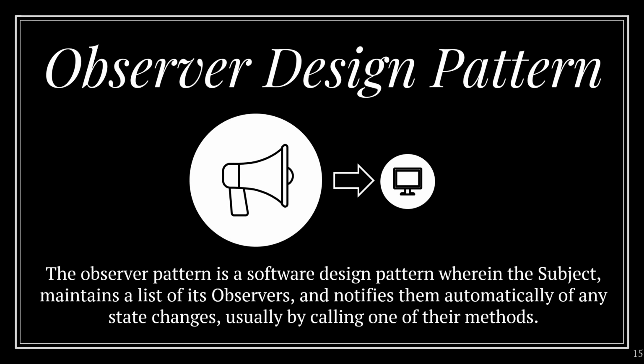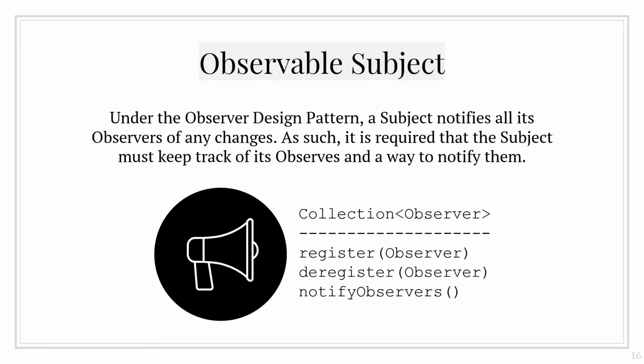Starting with the observable subject. By definition of the design pattern, the subject must notify all of the observers of any changes. Thus, it would make sense that the subject knows every one of its observers.